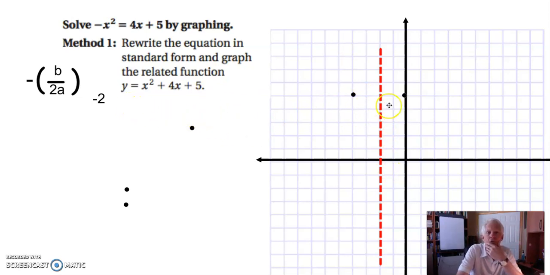If my axis of symmetry is negative 2, negative 2 times negative 2 is 4. 4 times negative 2 is negative 8. 4 plus negative 8 is negative 4. Negative 4 plus 5 is 1. Yes, perfect. That's my vertex right there. It's going to be negative 2 and 1, no solution.